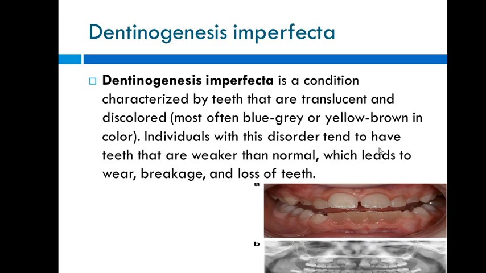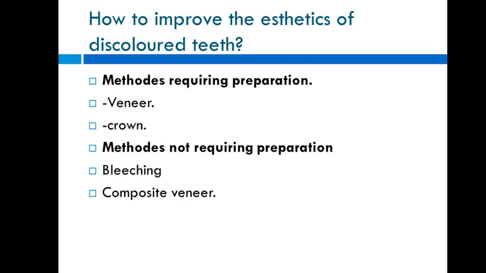Individuals with this disorder tend to have teeth that are weaker than normal, which leads to wearing out of the teeth, breakage, and finally the teeth are lost. Can you see there's a radiolucency here in the lower incisors, 4 lower incisors.